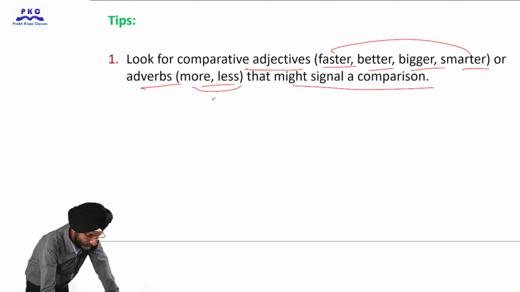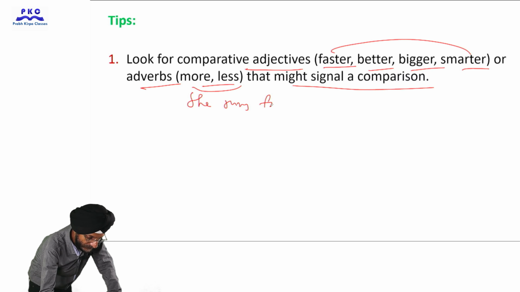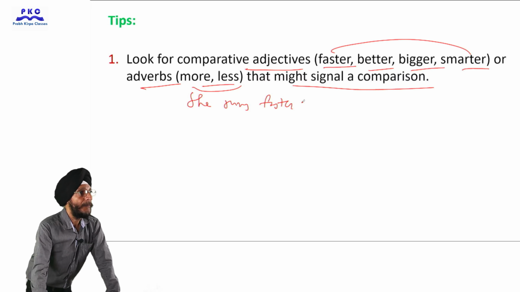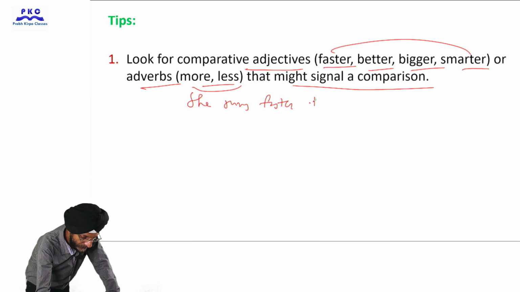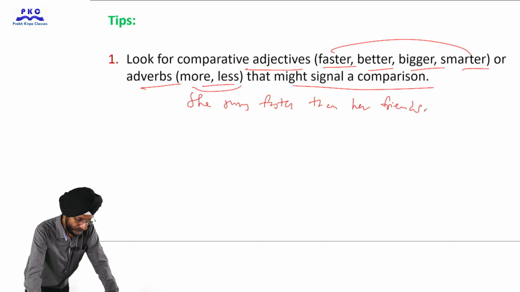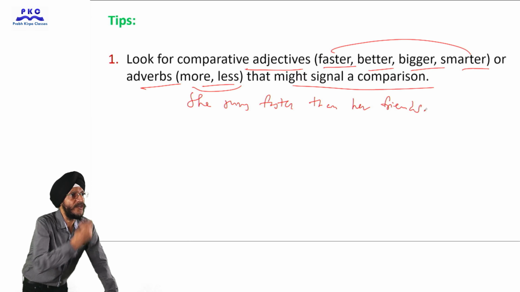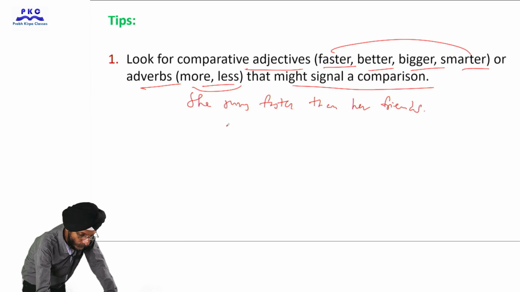Faster. She runs faster, but here it is incomplete. Faster than what? Faster than her friends. Next, we understand the example with regard to better.